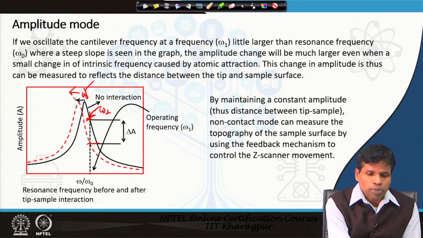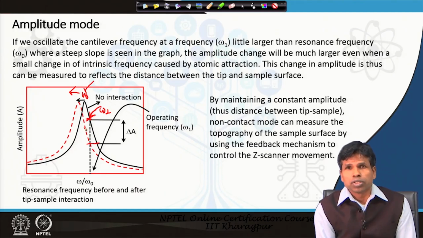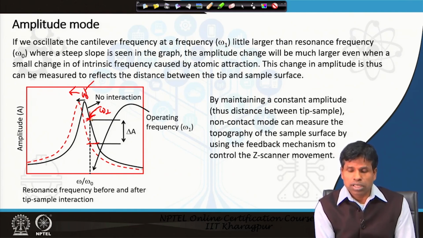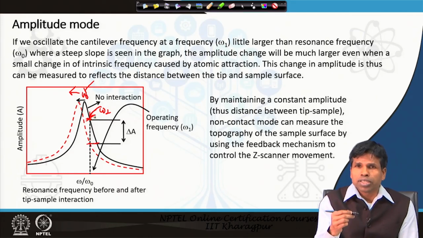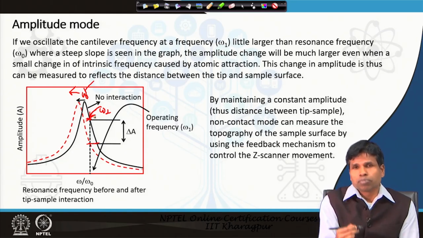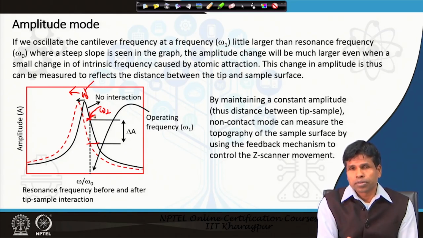So, we can also maintain this constant amplitude by providing the oscillation frequency a little higher than the resonance frequency, and then by keeping it constant we can also measure the tip-sample separation. In order to maintain the constant amplitude, the tip has to go up or the sample has to come down.